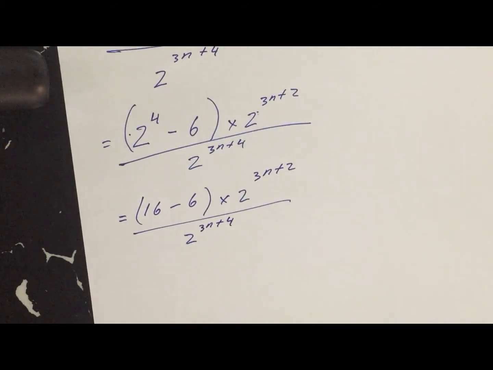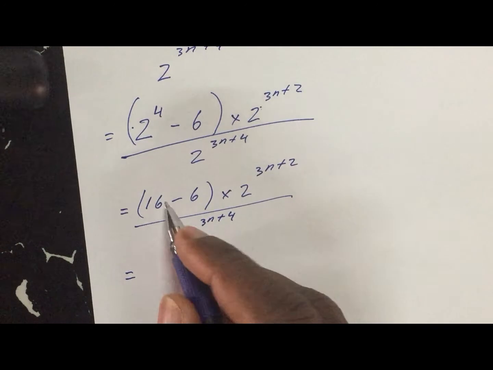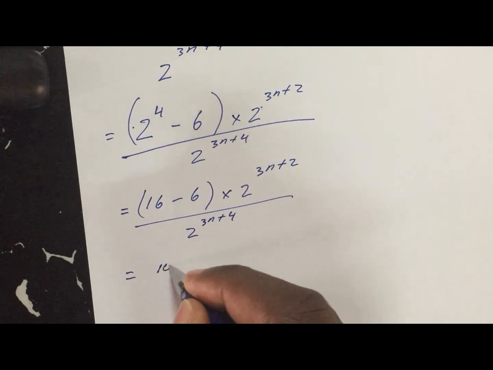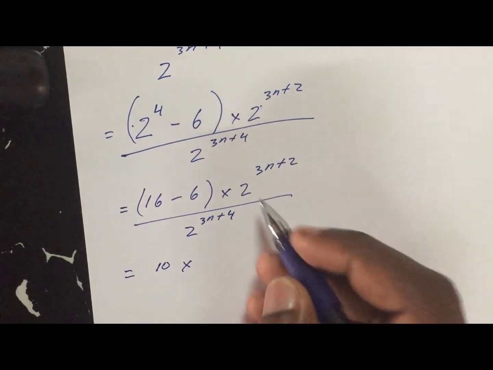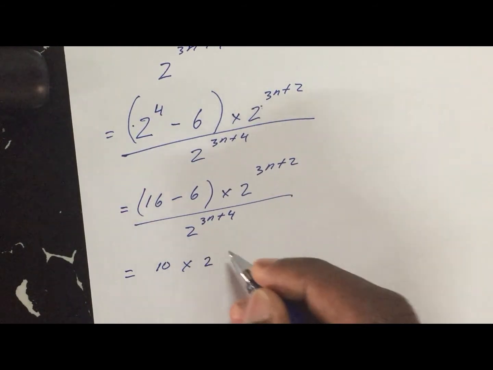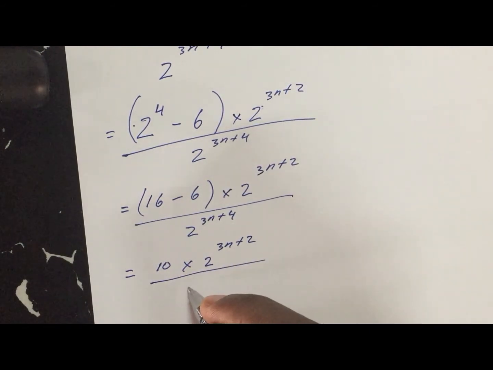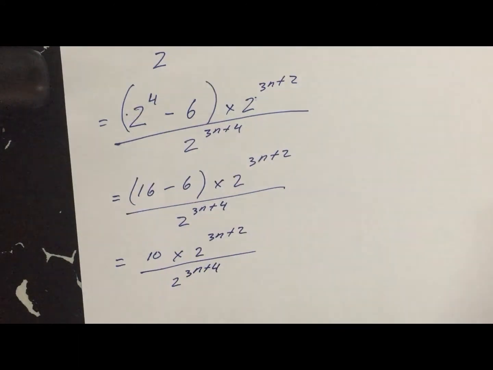Alright? Further simplify, 16 minus 6 will be 10 times 2 to the 3n plus 2 divided by 2 to the 3n plus 4.